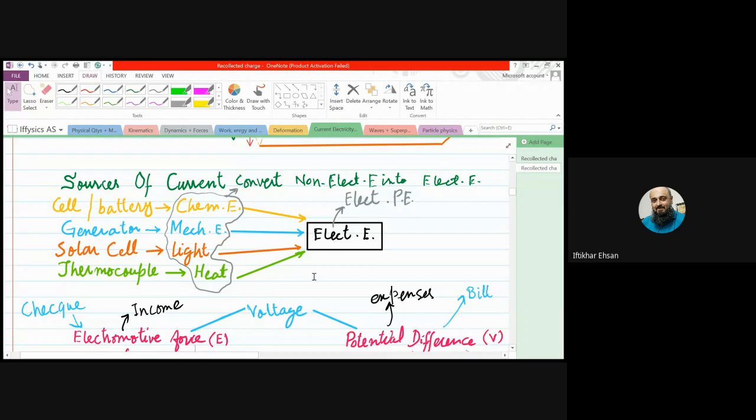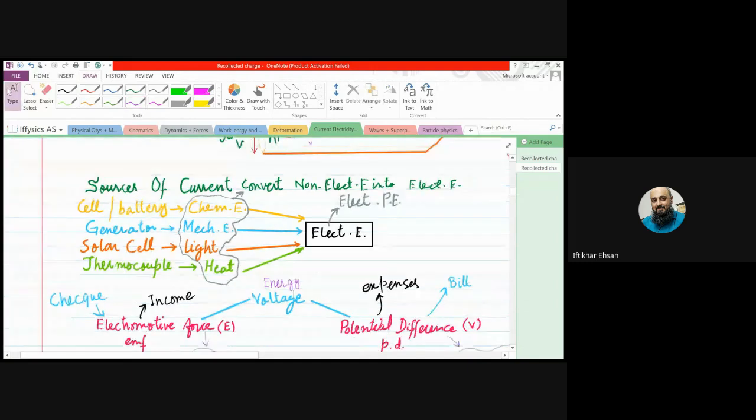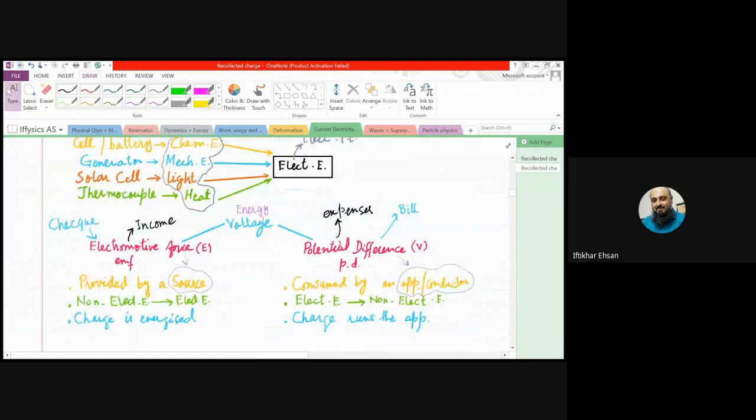So energy in any circuit is said to be voltage. Beta, energy inside any circuit is said to be voltage. But voltage is of two types. One is called electromotive force and the other is called potential difference. What is the difference between electromotive force, EMF, and potential difference? Both are energy or voltage.